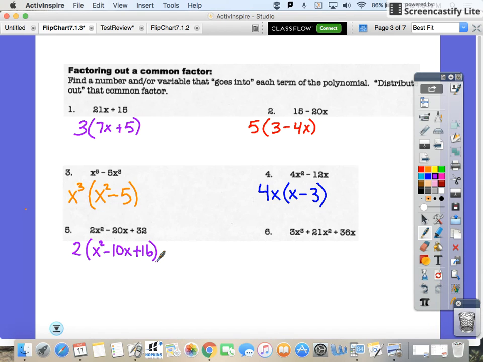And then we can factor this a little further, just like in section 7.1.2, where we look for numbers that multiply to 16 and add to negative 10. Our option here is this guy, so we go 2 times x minus 2, x minus 8.